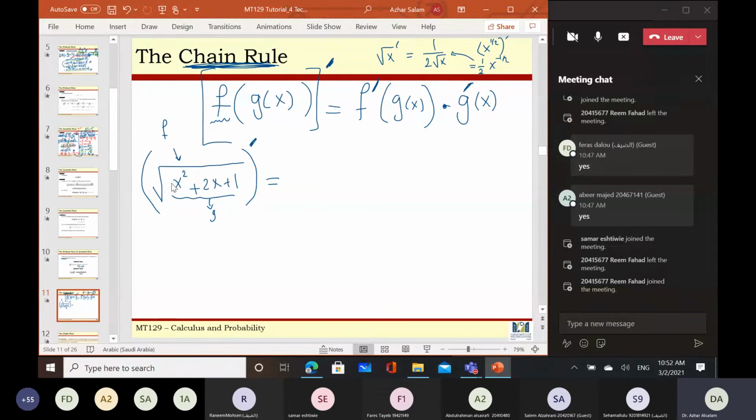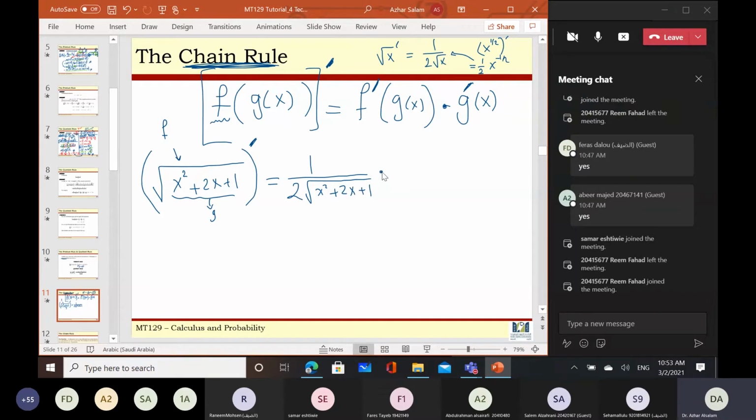So here, if I want to first differentiate f, which is the square root, it's 1 divided by 2 multiplied by the square root, and what's inside the square root will not be changed. ما أغير اللي جوا الجذر. هنا فقط اشتقيت الجذر معناتها 1 على 2 نفس الجذر, x squared plus 2x plus 1.